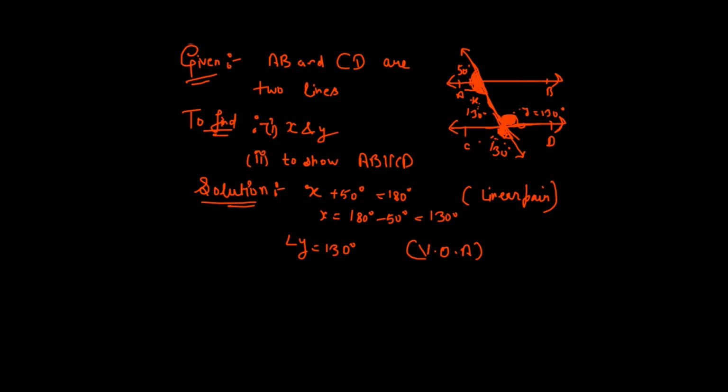So whichever you want to write, you can. मैं यहाँ alternate interior का लिख रही हूँ. x equal to y, ठीक है, which is alternate interior angles are equal. This implies AB parallel to CD.